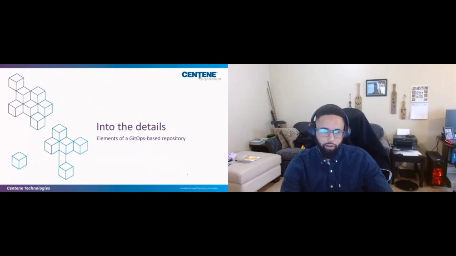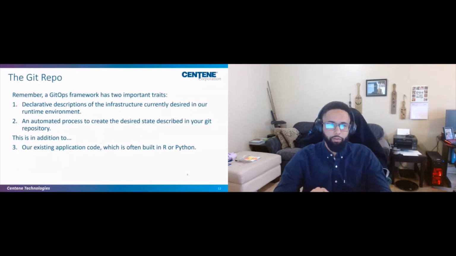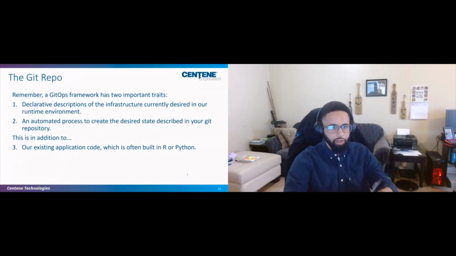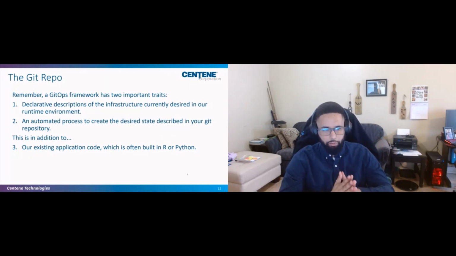So now that we have all those tools and techniques defined, let's look at how that might actually work in practice. Remember, for our GitOps framework, we have two important traits. We have our declarative descriptions of the infrastructure which are currently desired in our runtime environment.